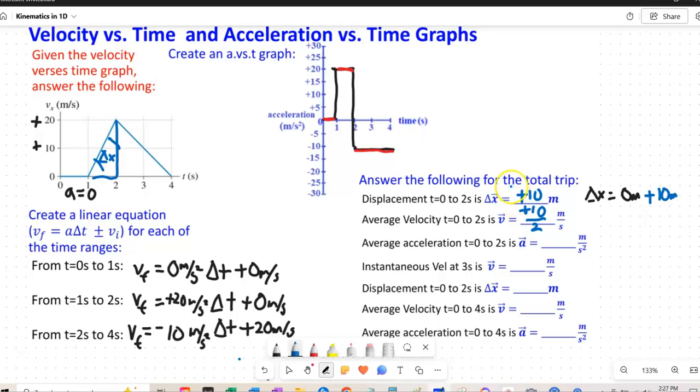The acceleration from 0 to 2 seconds, so we could do this a number of different ways. Let's just figure out the slope here. So we're going from 0 to 2 seconds.